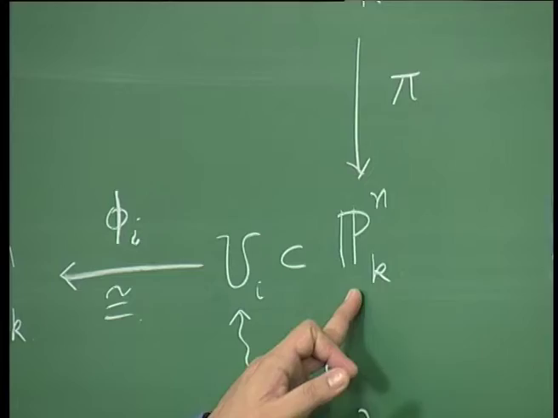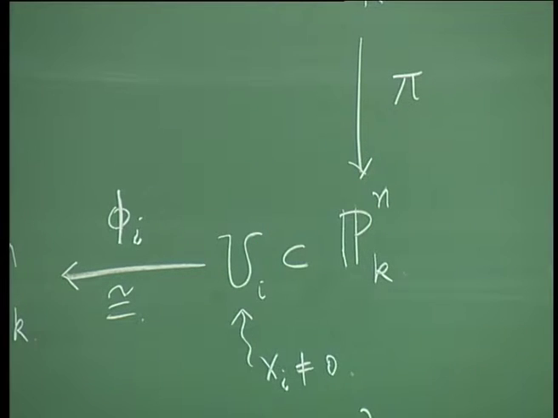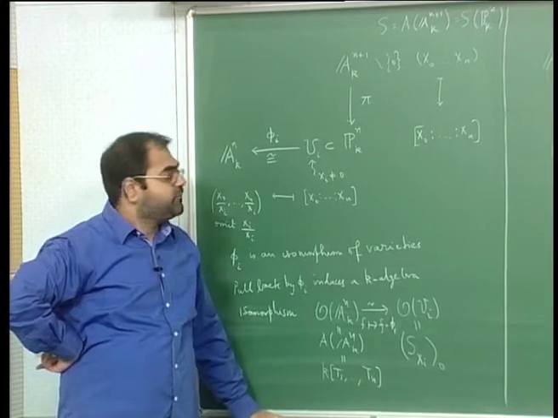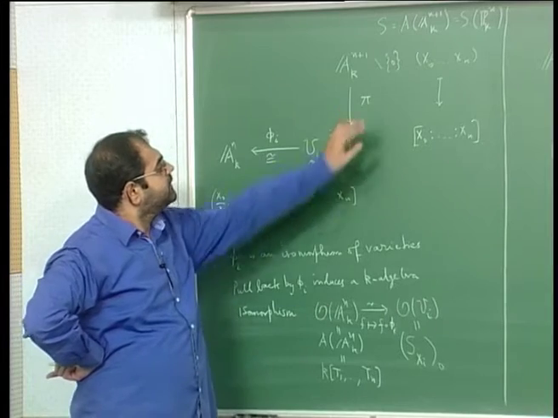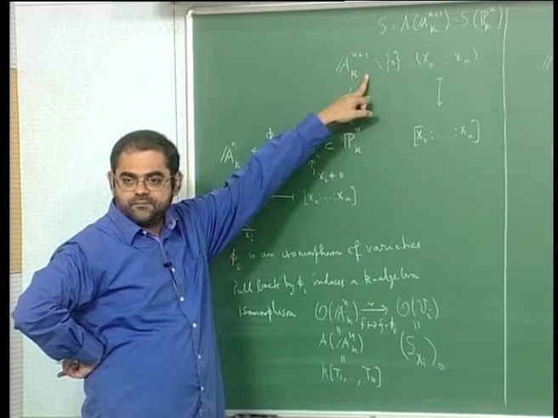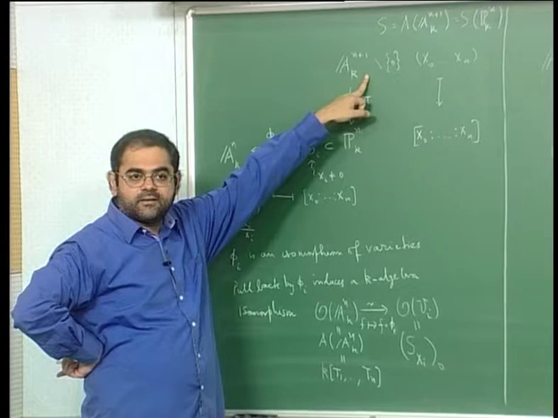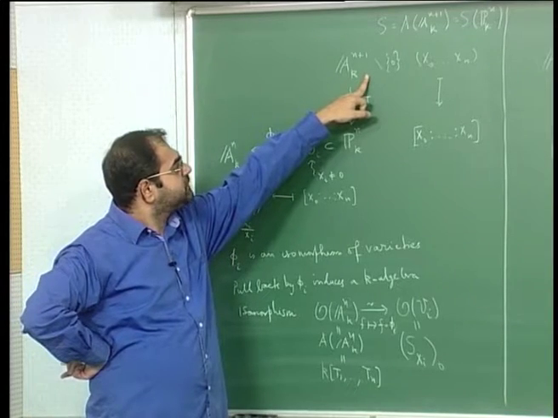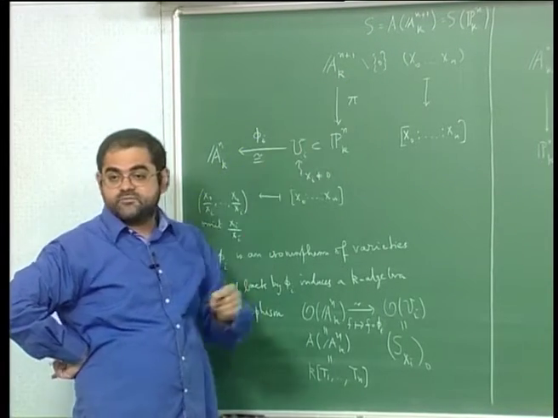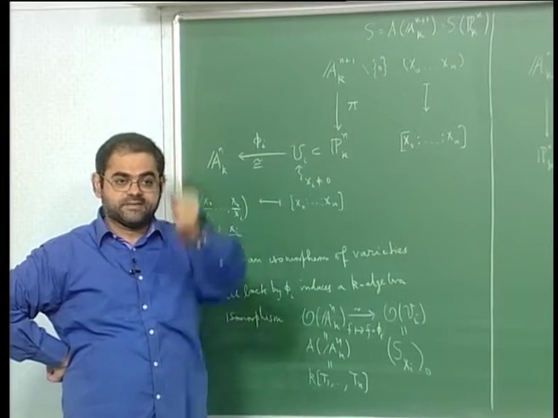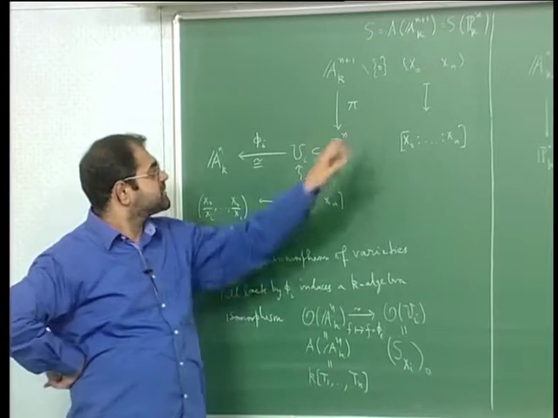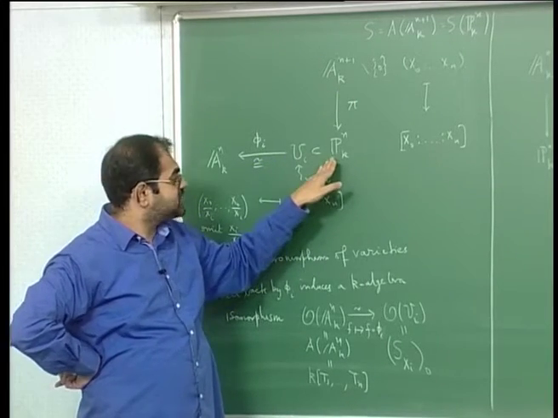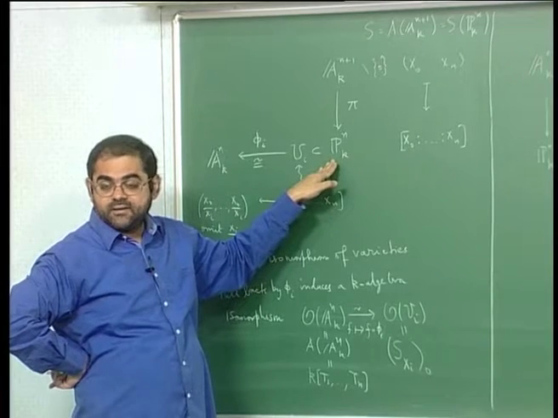But if I take that function and compose it with pi, if you pull it back, it will correspond to a function there, and that function is going to be constant on lines, lines passing through the origin, because that's what will happen.